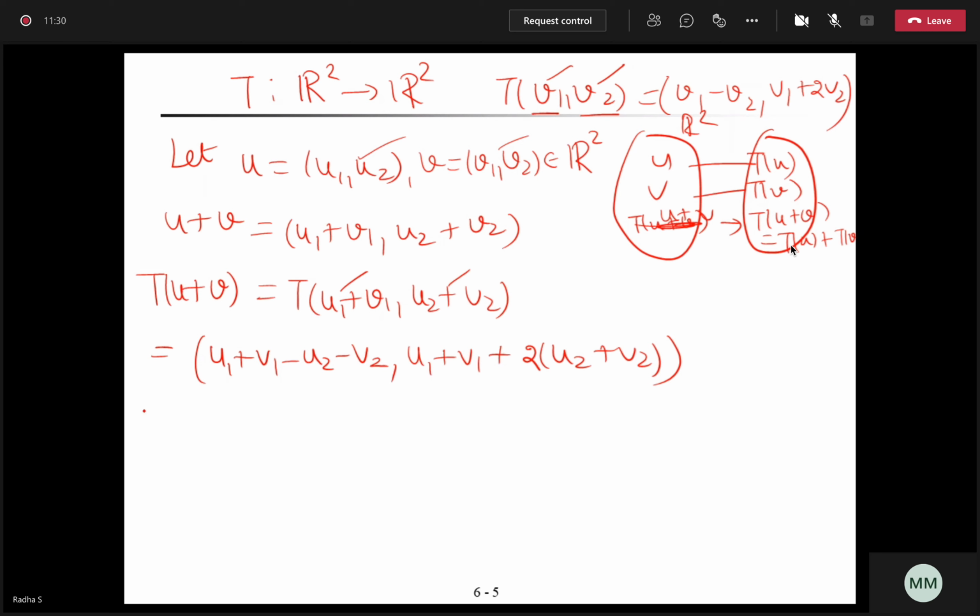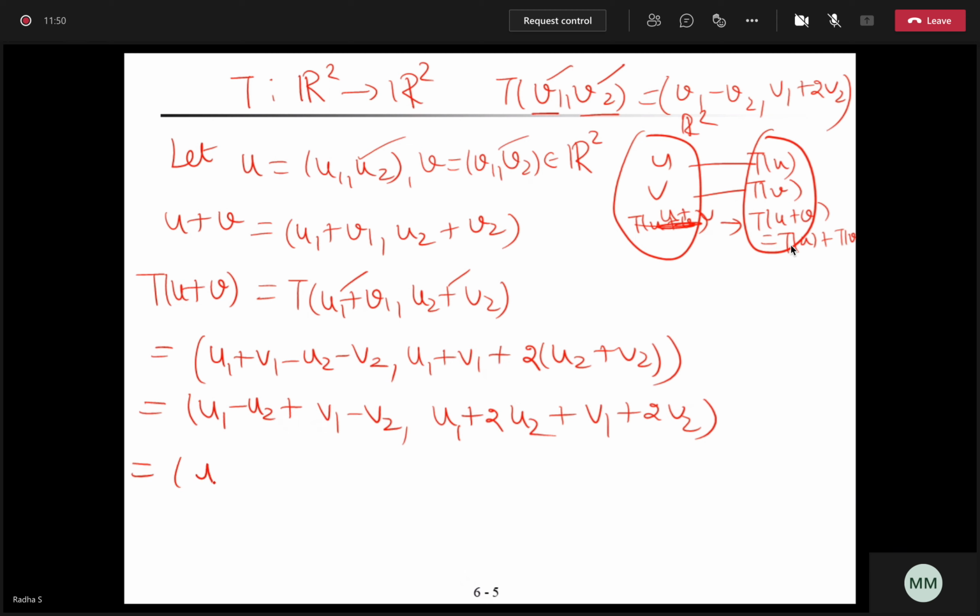Okay. So this is nothing but (u1 minus u2 plus v1 minus v2, u1 plus 2u2 plus v1 plus 2v2). Just slightly I am rearranging. After all addition, you can rearrange.